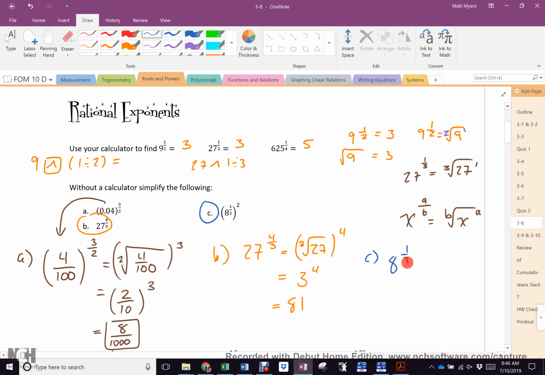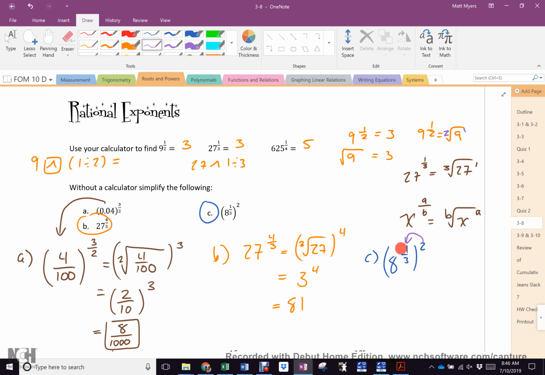And lastly, because the printing is screwed up, we're going to do C over here. 8 to the 1/3 squared. Now, there's 2 ways we could do this, isn't there? We could take care of this first and then square it, or we could take care of this first and then deal with the result. Does it matter which way we do that? Of course not.